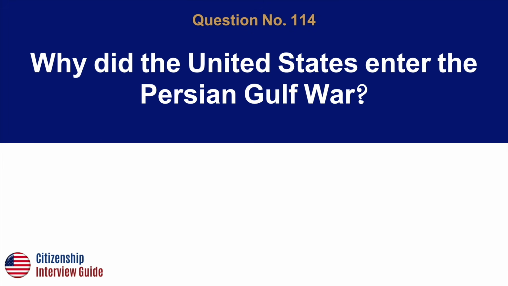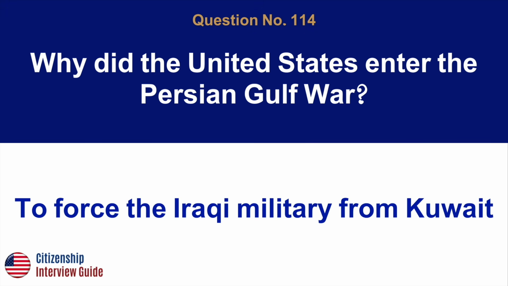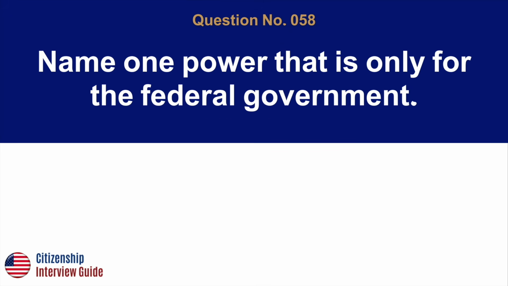Why did the United States enter the Persian Gulf War? To force the Iraqi military from Kuwait. Name one power that is only for the federal government. Declare war.